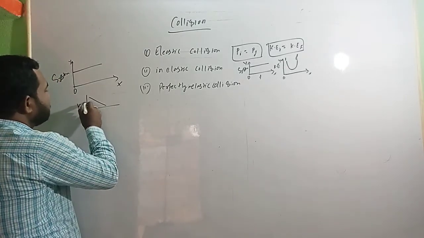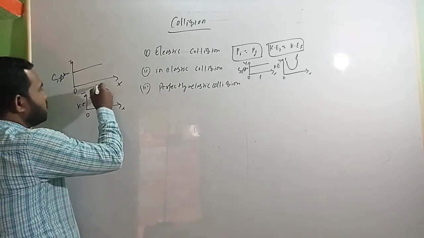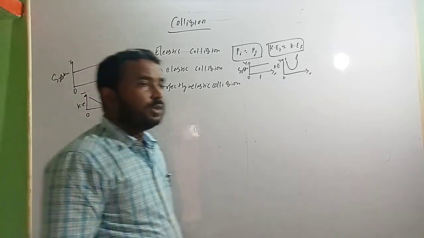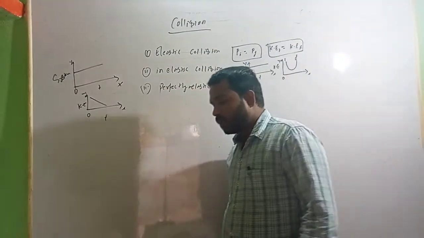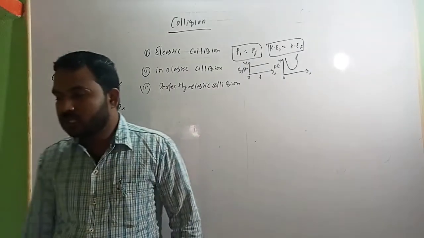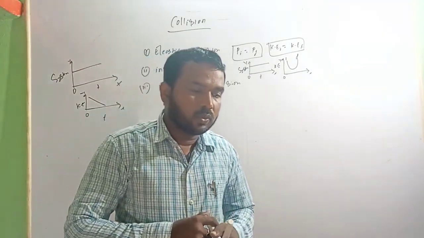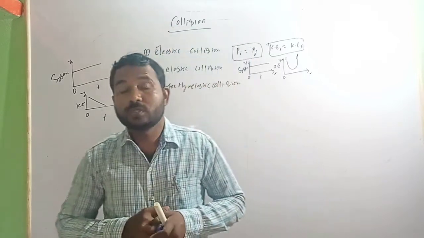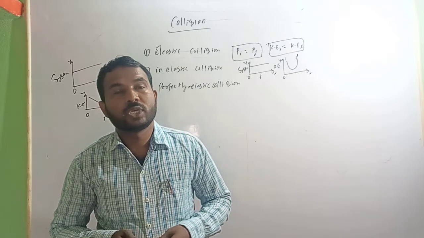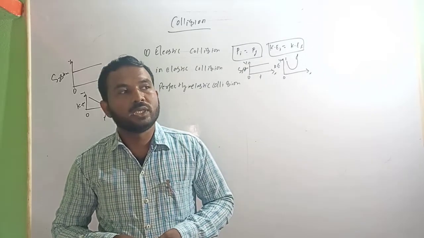This is the KE, x-axis, y-axis and origin that you can take here. It means during the collision and after the collision it may change. You know students, whenever two objects collide, during that time sound may be produced, light may be produced, there are some changes during the collision.